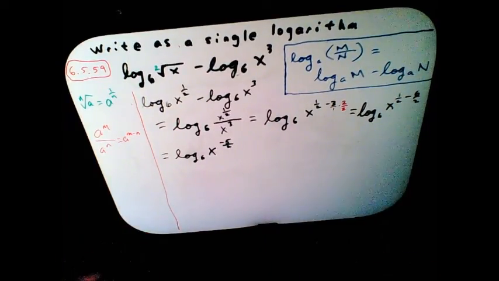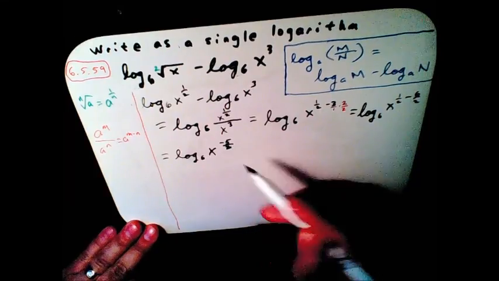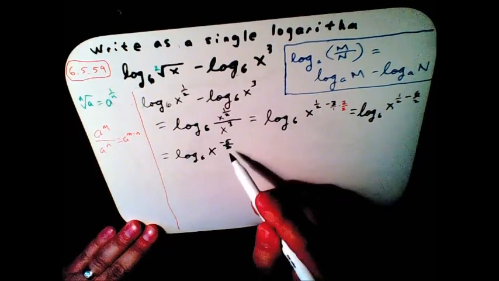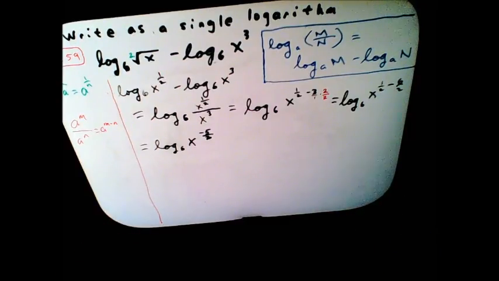And so at that point we use the old throw it down rule, which is the big rule for logarithms. Okay, that's the negative 5/2 power. And we're going to throw that negative 5/2 down front as a cofactor.